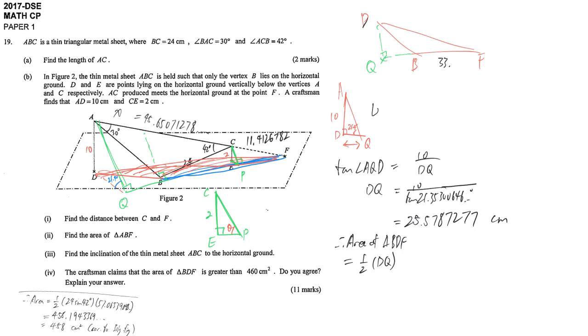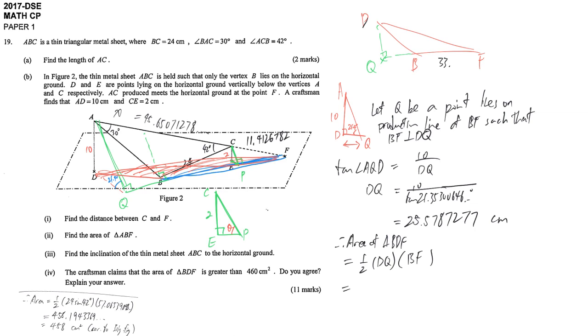You better write down DQ times BF. Then we just use the data that we have.